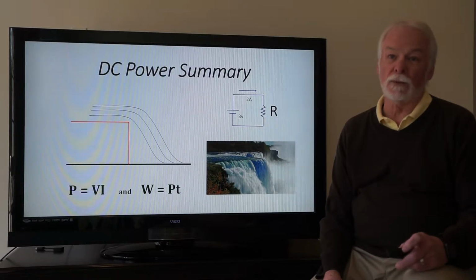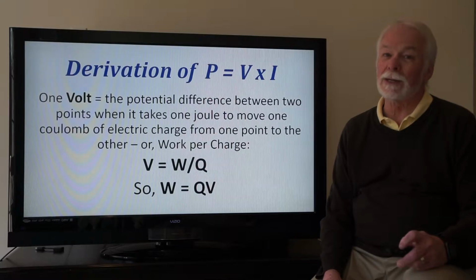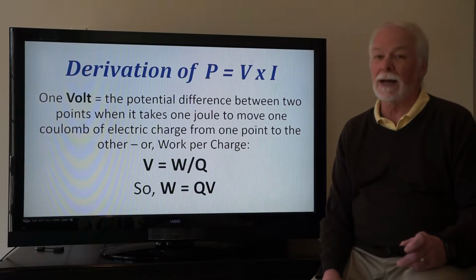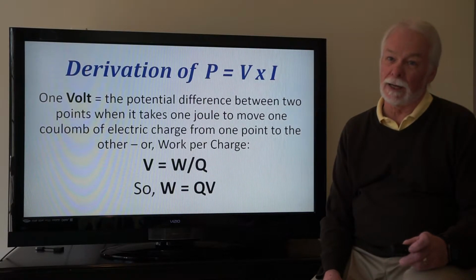Now, at this point, hopefully everything I've said so far seems perfectly reasonable, but I've got to mention that I never really have substantiated my claim that P equals V times I, except for my analogy.